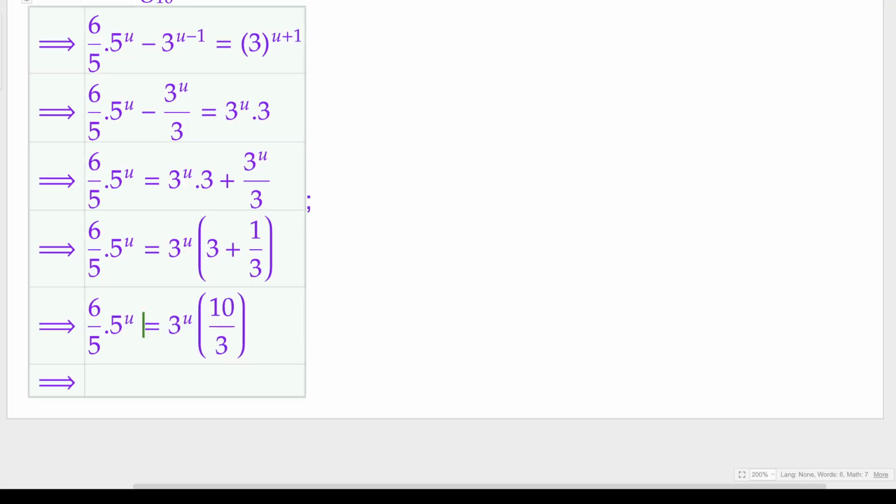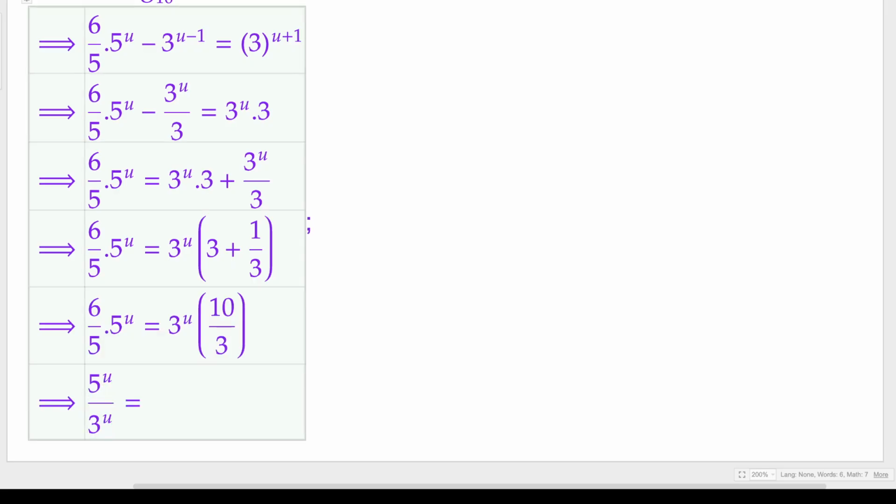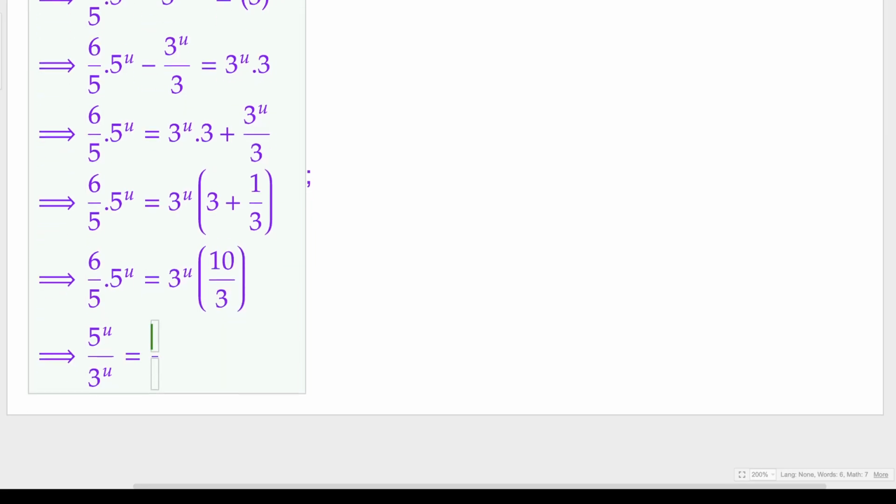So from this part, we can write this one as 5 to the power u as it is, and this would be 3 to the power u, right, and this one I can write as 5 squared, that is 25 over 9, that will be 50 over 18. So that is 3 6 18, 5 10 is 50, and this one is 18.